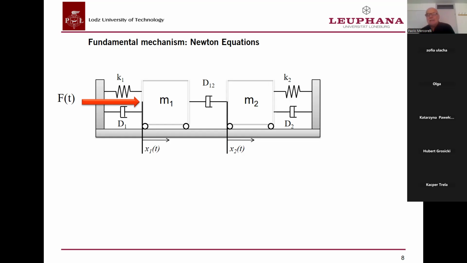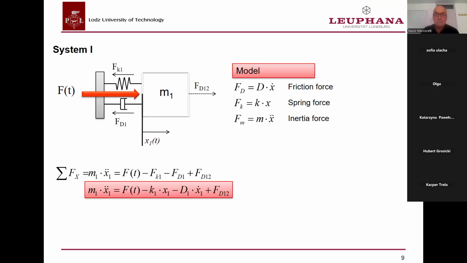Typically, we can choose whatever positive orientation, but typically we orient everything in the same way in order to be able to model in an easier way. Of course, the direction is from left to right for x1 and x2 and for their derivatives.